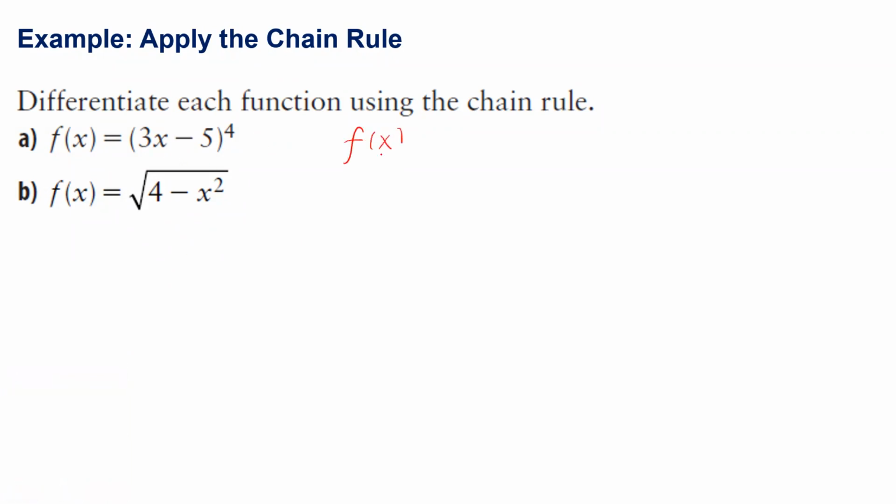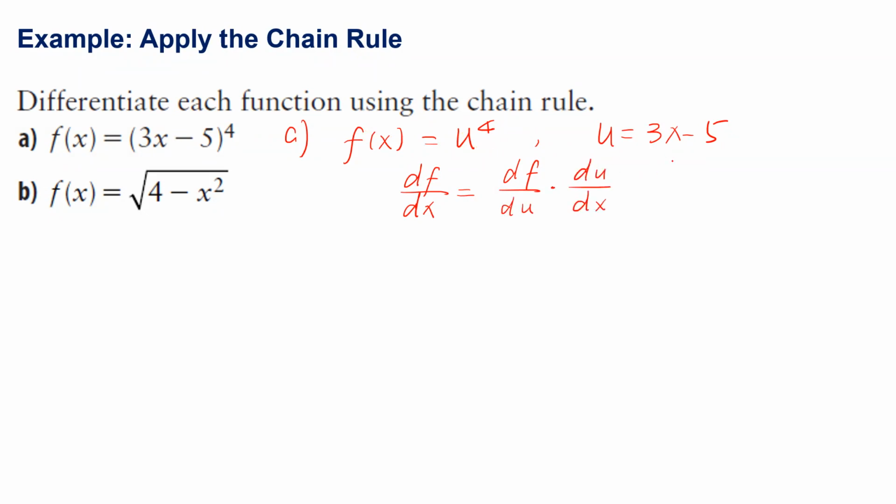So f(x) equals u to the power of 4, where u is 3x minus 5. So that is really a composite function. f is a function of u, then u is a function of x, right? Therefore, according to the chain rule, we have df by dx is actually df by du, because f is a function of u, times du by dx, because u is a function of x.